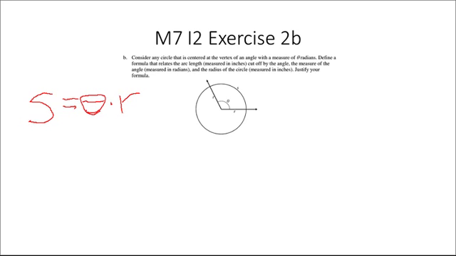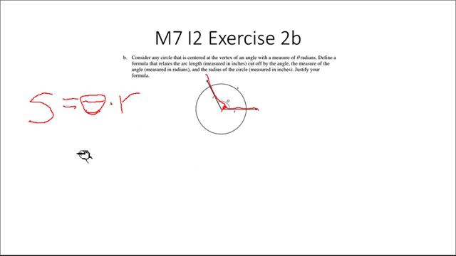When we're asked here to define a formula that relates the arc length cut off by any angle in a circle, the measure of the angle in radians and the radius of the circle in inches, and we're asked to justify our formula, well, we've done that. They haven't told us to put S in terms of theta or R, so forth, right?